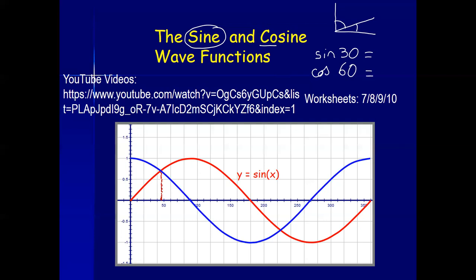And if sine 0 is 0, that means cos 90 is 0. Yeah, so you can see the complementarity between the two, sine and cosine, okay?